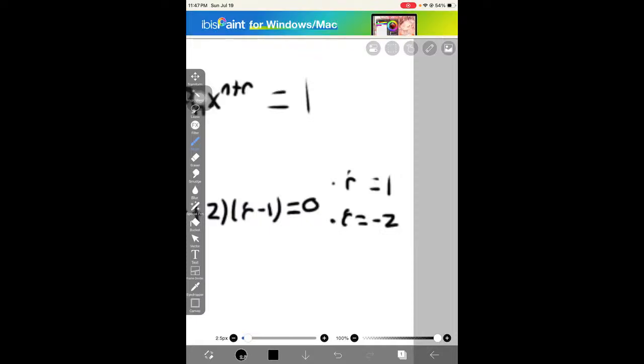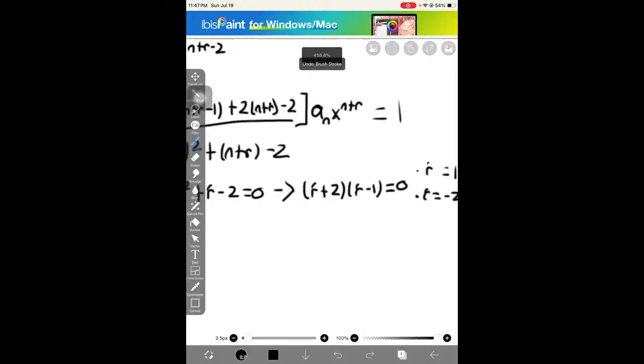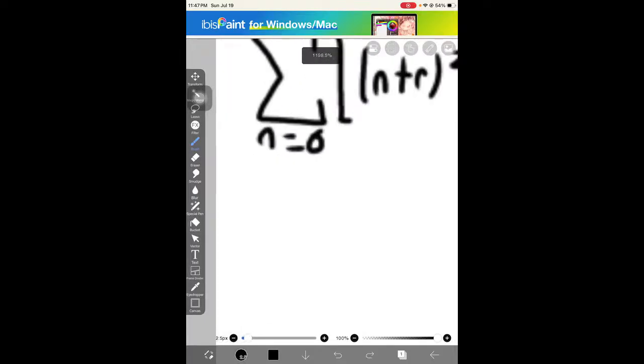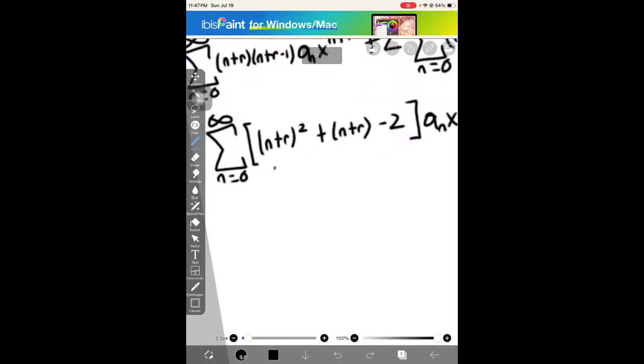Okay, so I want to use both of these r's for my recurrence relation. First, let's choose r equals 1. Let's see what happens. I'm still not sure yet, but let's use r equals 1. So let's go back to our recurrence relation.